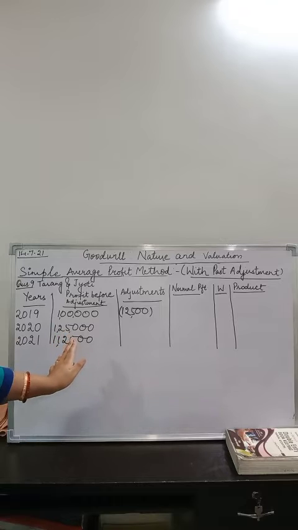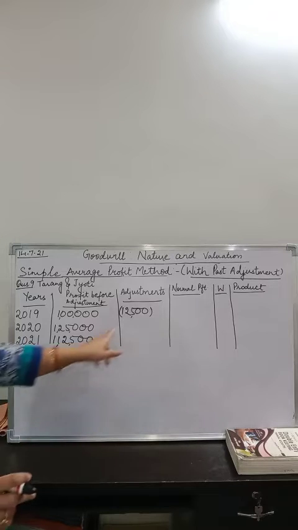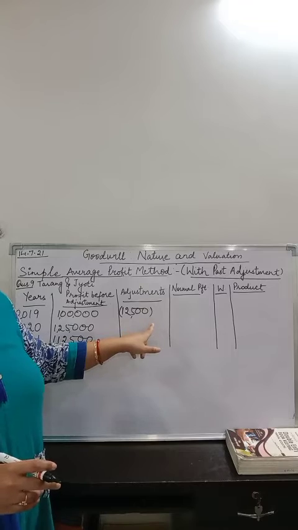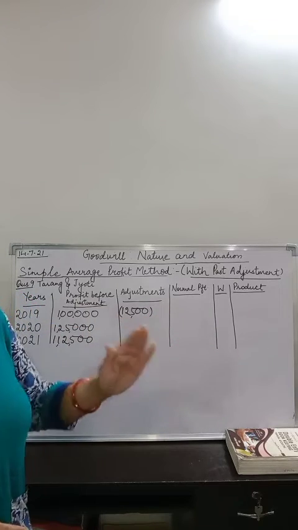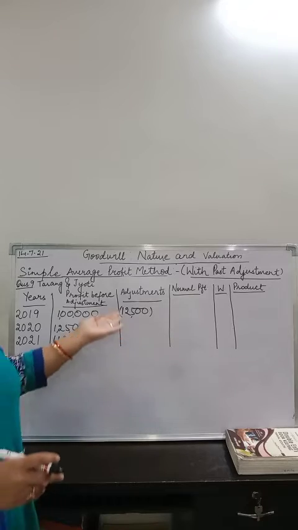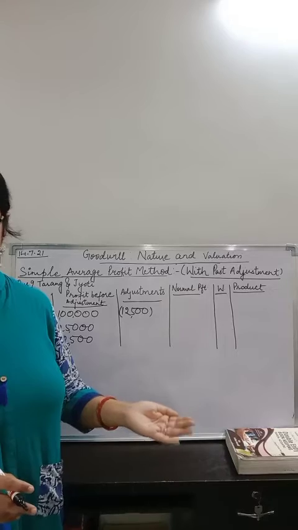Next, for the year 2020, the profit was 1,25,000 after charging an abnormal loss. Like an abnormal gain cannot be considered, similarly an abnormal loss should also not be considered. और अगर वो abnormal loss हमने apply किया तो ज़बरदस्ती net profit reduce होगा.